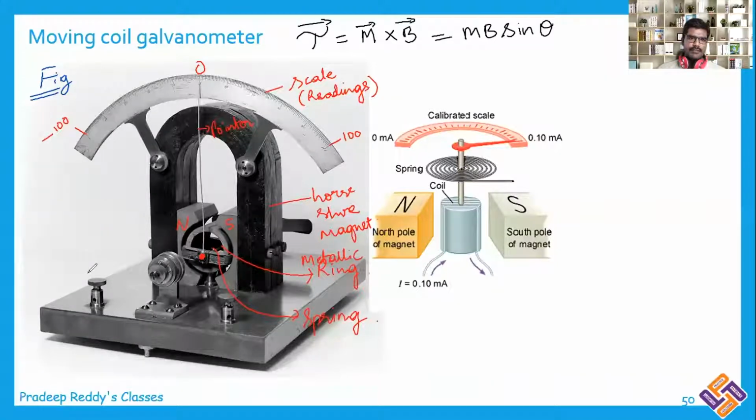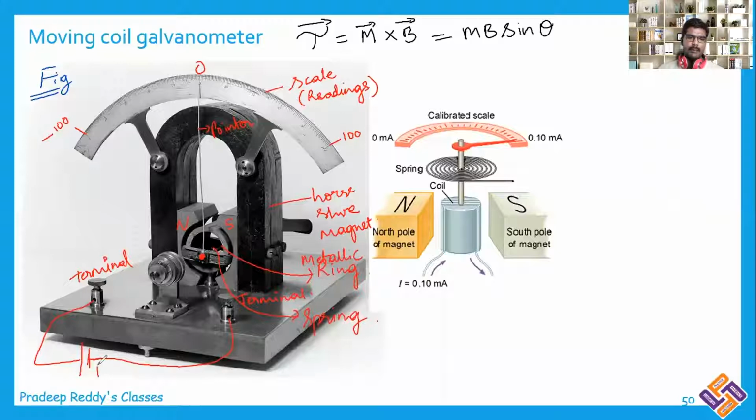And see, this is terminal 1, and this is another terminal. You can take this terminal and connect it to the positive of the battery. From here you can take one more wire and connect it to the negative of the battery.